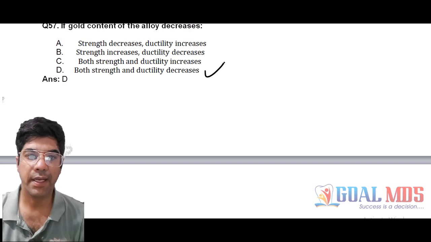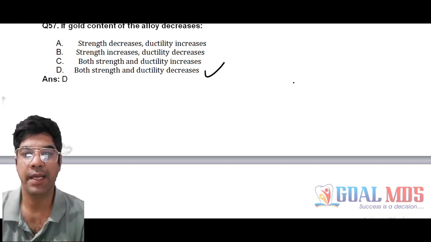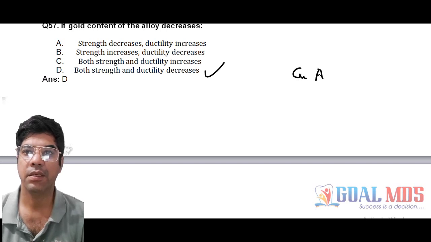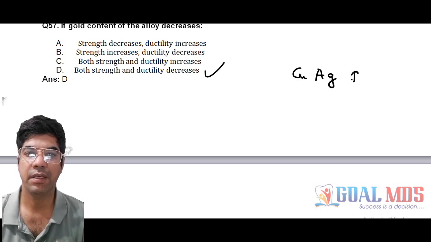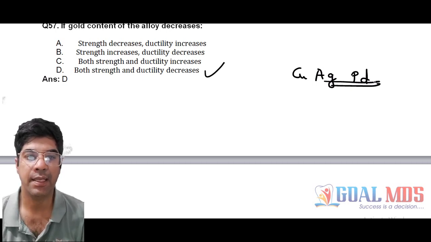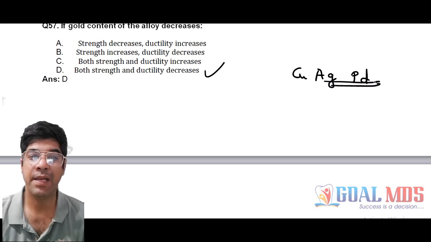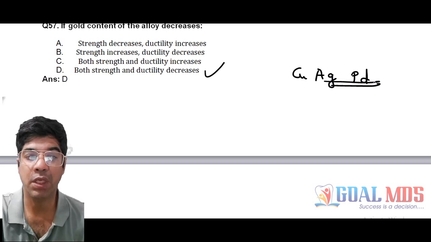So when gold content in alloy decreases, it is often replaced with other metals like copper, silver and palladium. So we know gold is a soft and malleable metal. That means it is not very strong, but it can be stretched and bent easily. So it imparts good ductility and malleability to the alloys.